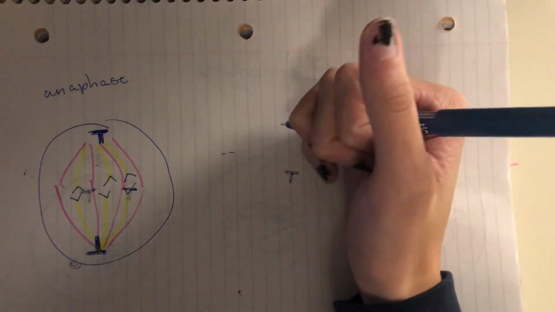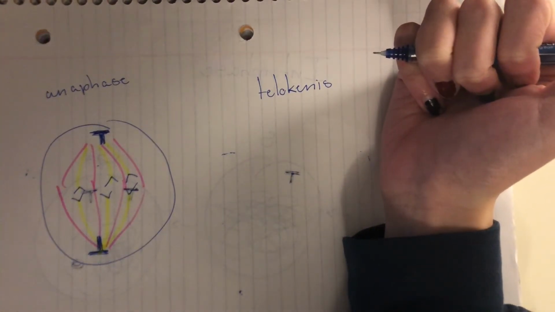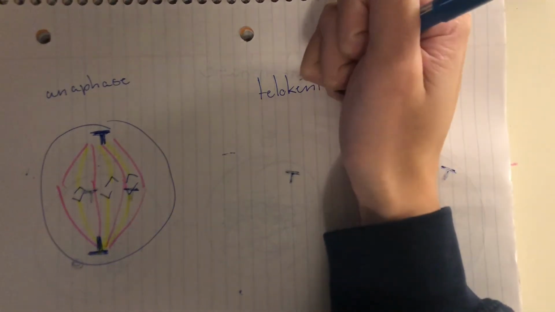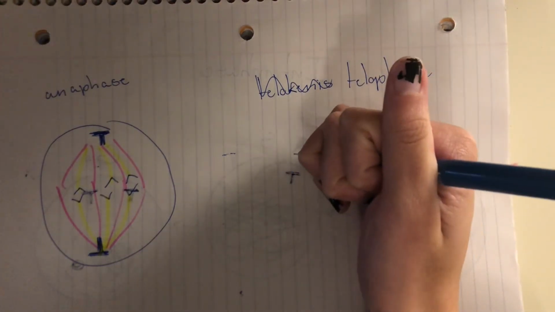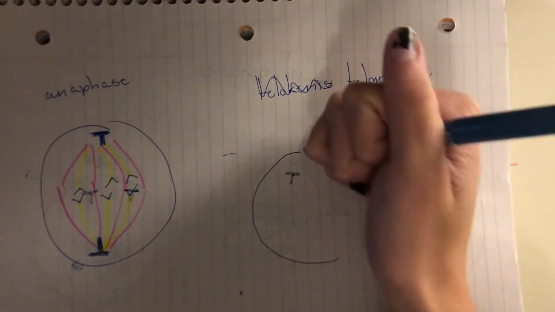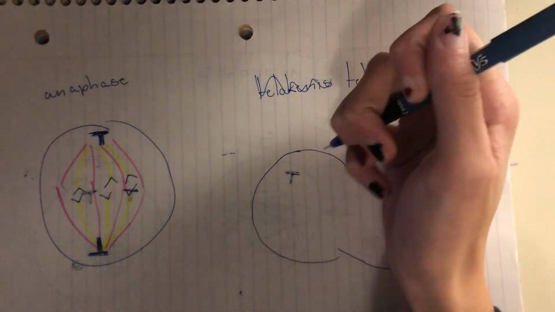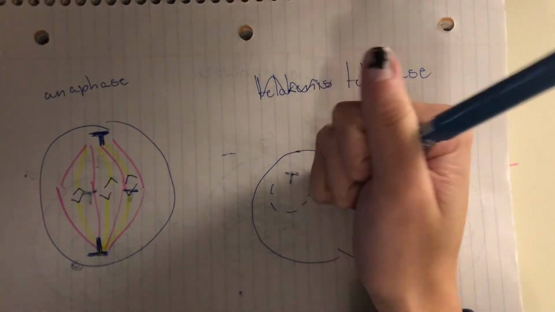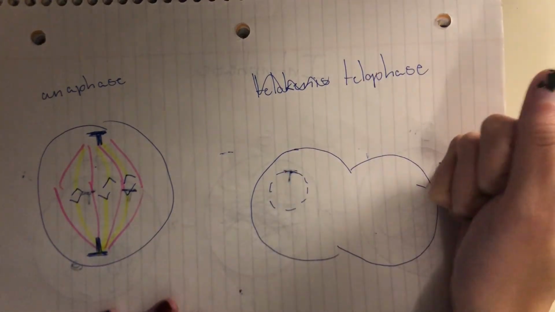During telophase, two daughter nuclei have formed. So our cell is even more extended, and we have our nucleus forming. So there are two daughter nuclei.